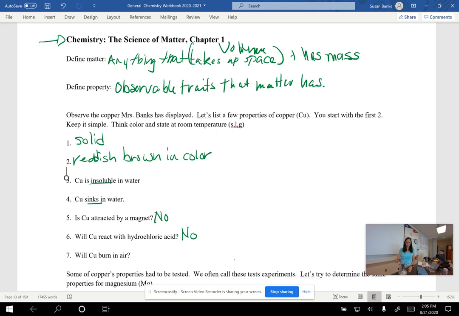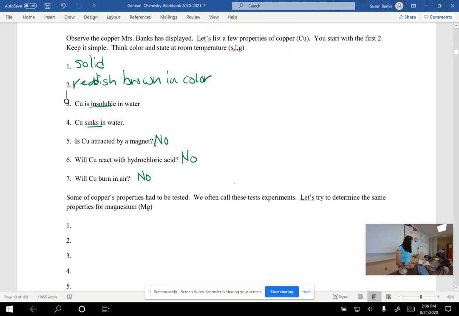I don't see much of anything going on. It doesn't burn. So no, I'm going to say that's a no. That doesn't burn. So copper will not burn in air. That's going to be a no as well. Okay, so some of copper's properties had to be tested. We always call these kind of tests experiments.